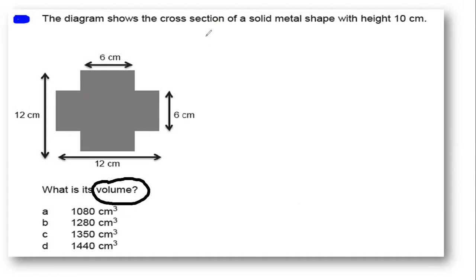So the formula is volume is what we call cross-sectional area times the length or the height. All right.